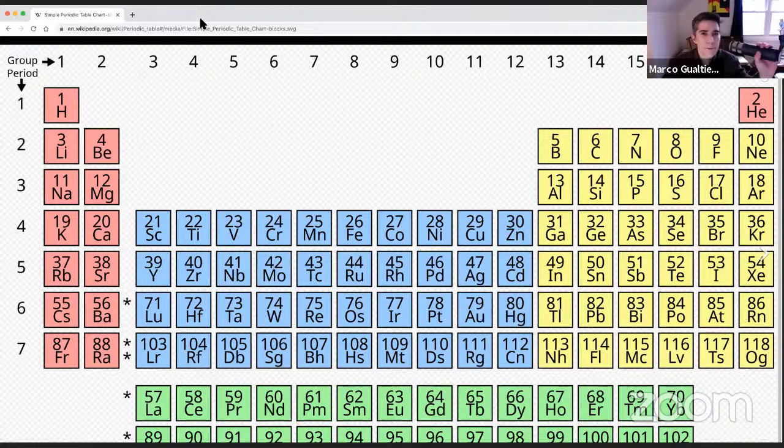You can see that as you start adding more electrons, you fill the 1s first. This is one electron. This is a second electron. Then the 1s is filled with a pair of indistinguishable electrons.